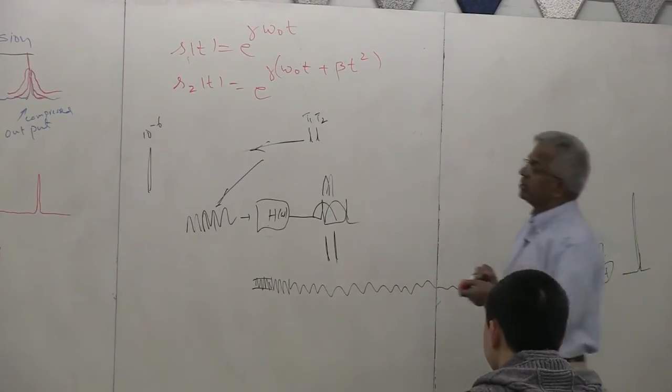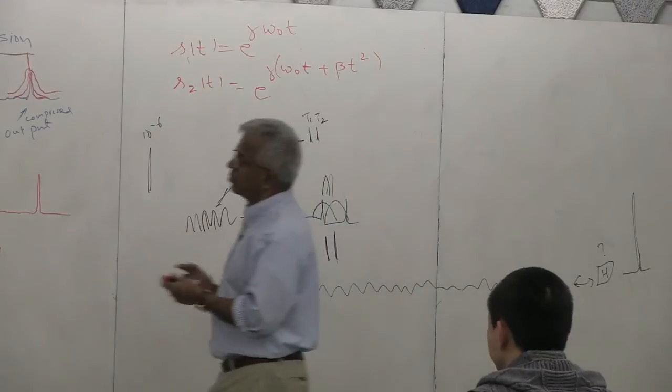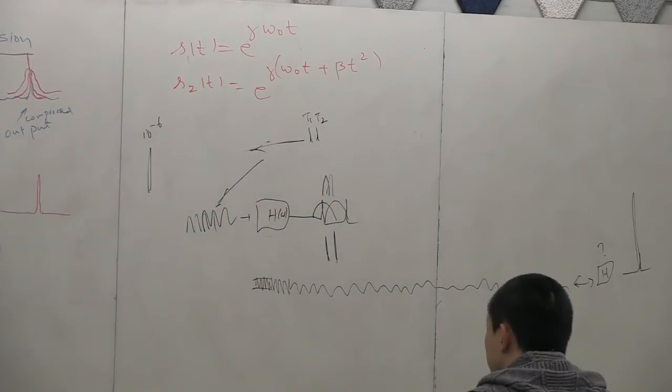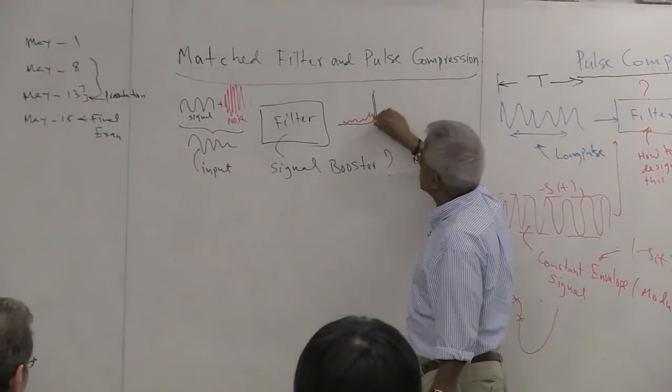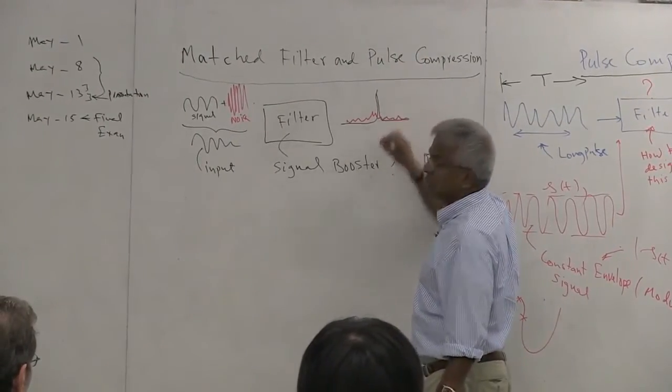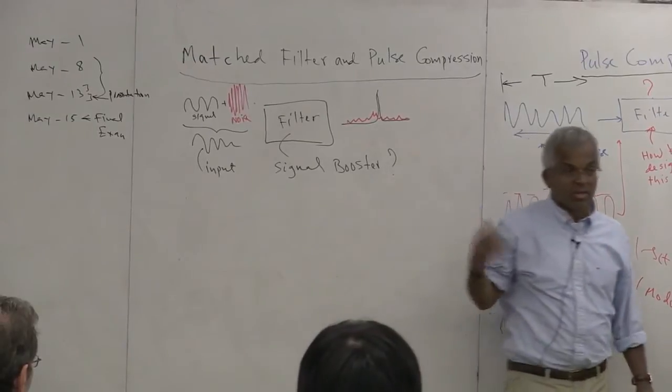Because then the advantage is, as I began to plot here, the noise at the input may be large, but if the signal gets compressed, and the noise also gets somewhat compressed, the signal will stand out at the output above the noise.